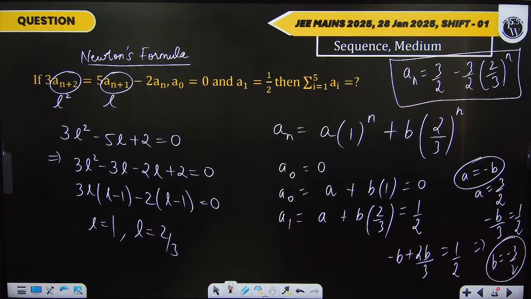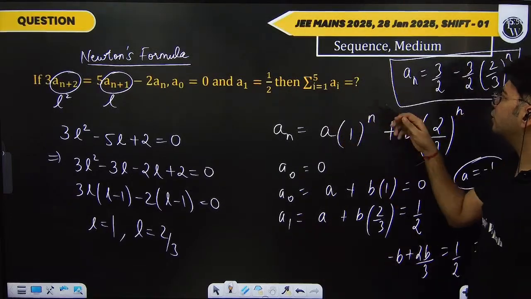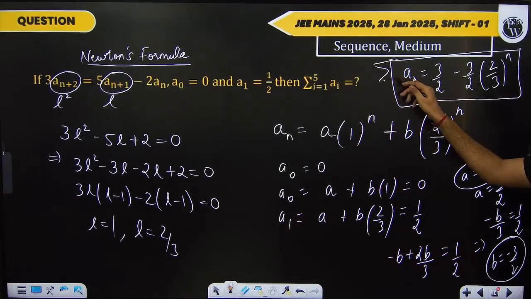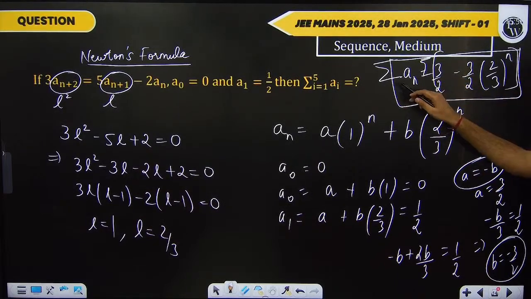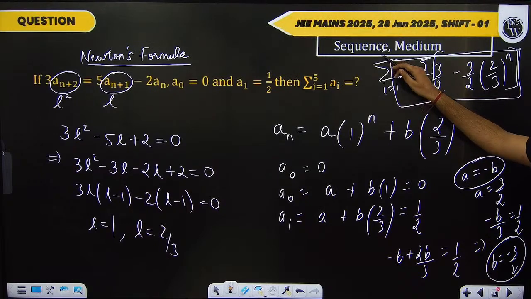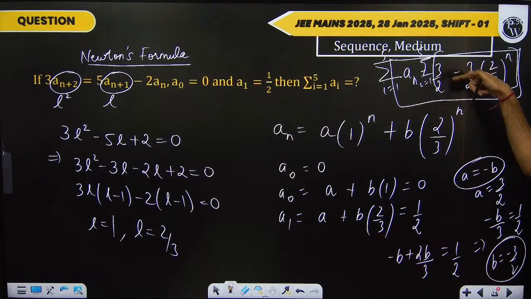Now once your an is known, you can find the summation of an, sigma i equal to 1 to n. You can apply sigma here from i equal to 1 to 5. This will become 3 by 2 into 5 minus a normal GP, which you can solve. You will get the value of the summation.